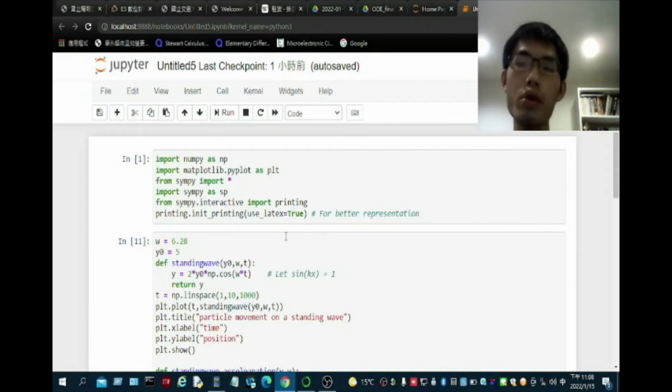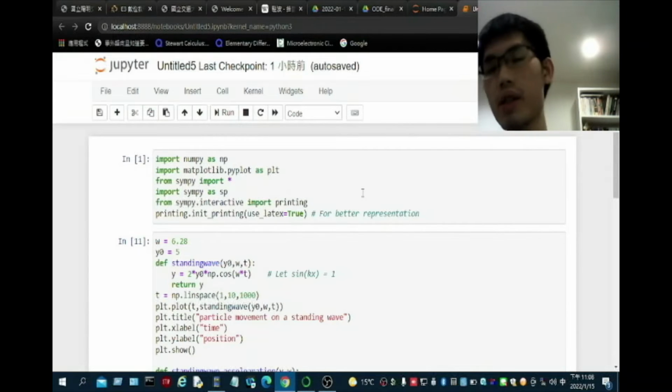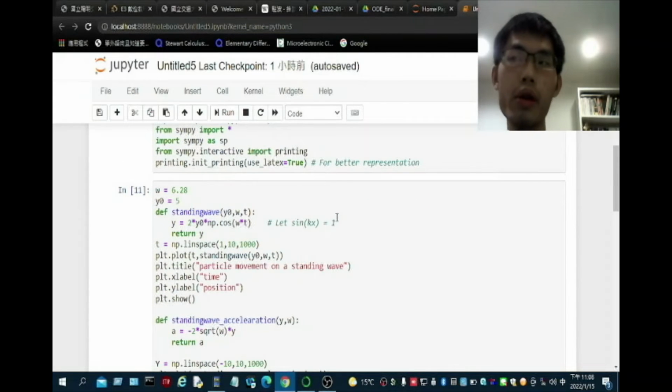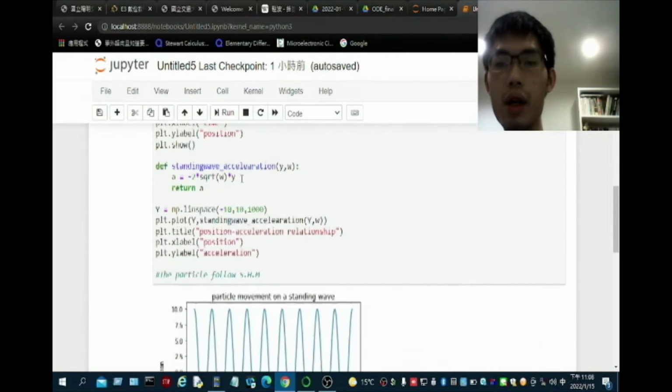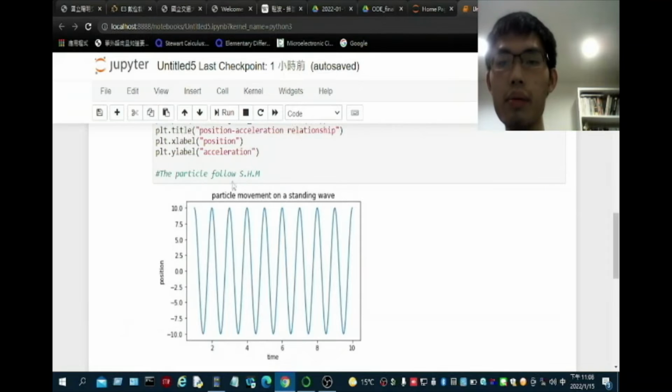I'm going to introduce a little bit about our Python simulation, and I will focus on only one particle on the standing waves. So we set up a standing wave function, and we get the particle movement on standing waves. You can see in this figure, as time goes by, the position of the particle will swing between positive 10 and negative 10.